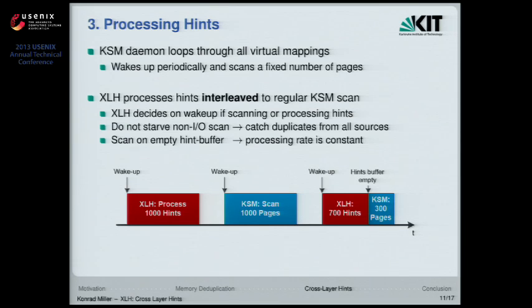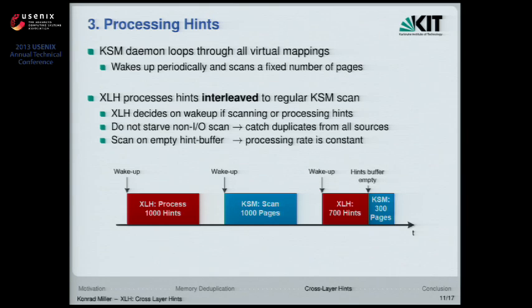This gives us some nice properties. For instance, we will never starve the I/O process. Even if there's a constant flow of I/O requests which is faster than our scanner, we will still be able to catch duplicates from both kinds of memory, from file-based memory and from anonymous memory.